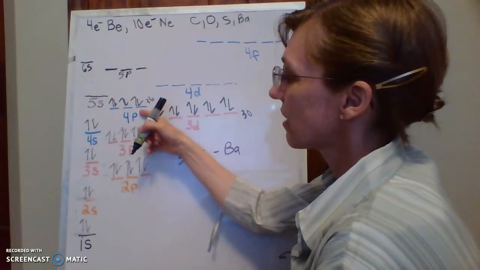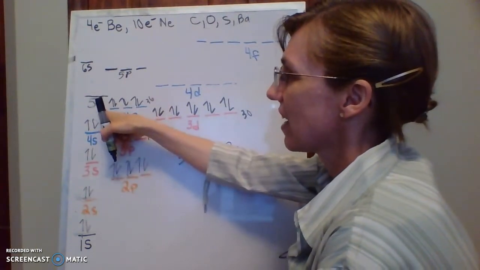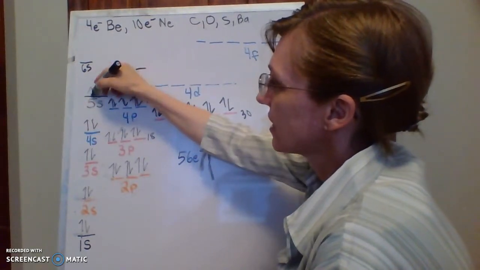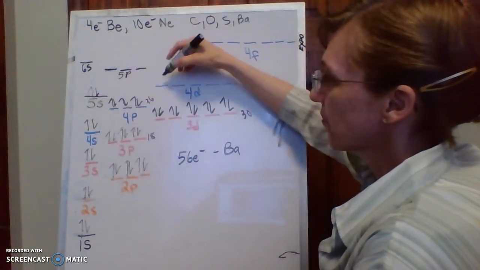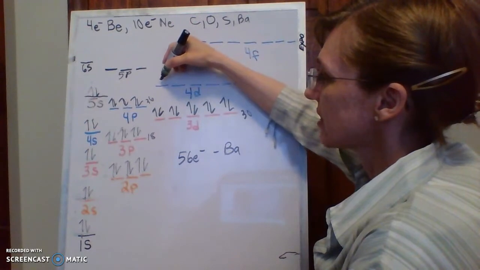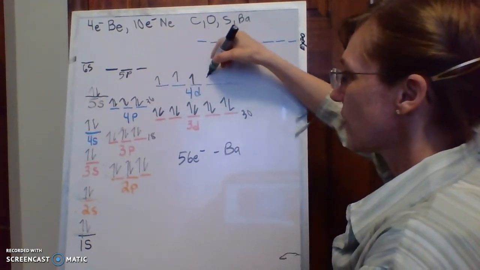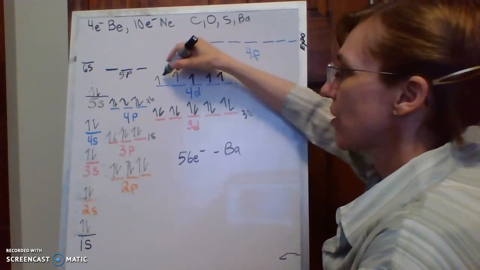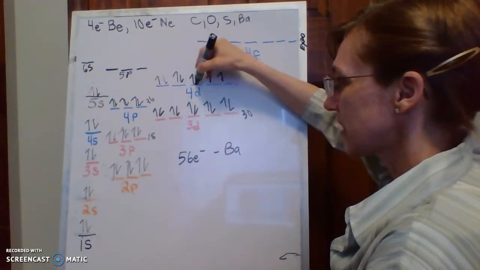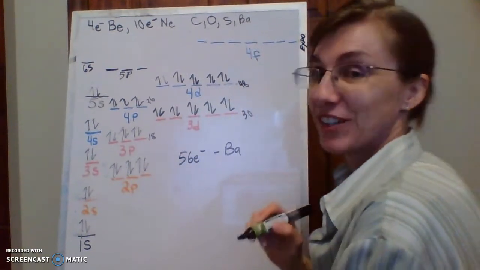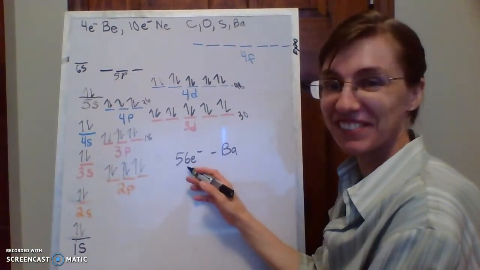So the next energy level up we see are the 5s's. Okay, 36, 37, 38. Now we go over to the 4d's. 38, 39, 40, 41, 42, 43, 44, 45, 46, 47, 48. Oh, 48. We're not done yet. We got to get up to 56.